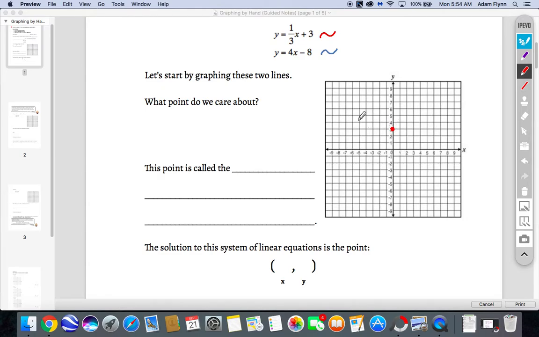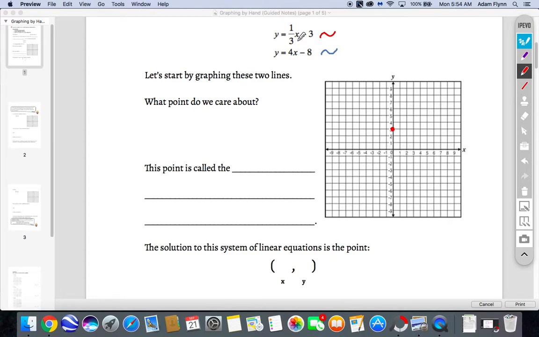From there, I'm going to take a look at my slope, or my rise over my run. That will be the number attached to the x. My rise is going to be 1, and my run is going to be 3. And because 1 over 3 is a positive number, there's no negative sign out in front, I know my rise will be going up, and my run, 3, will be going to the right.